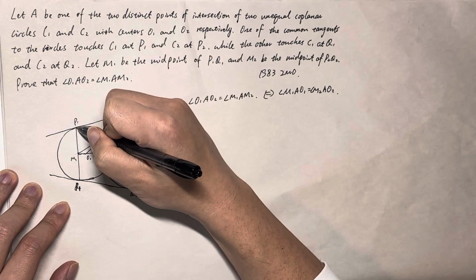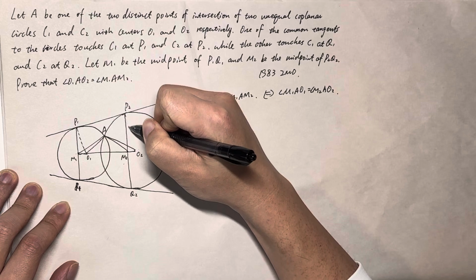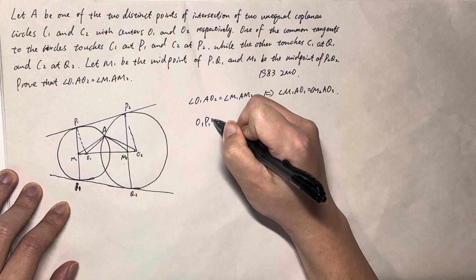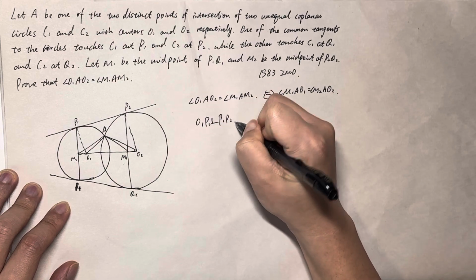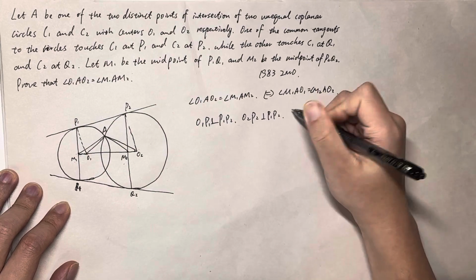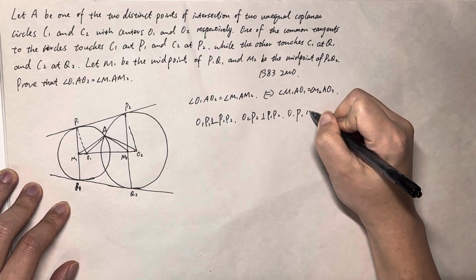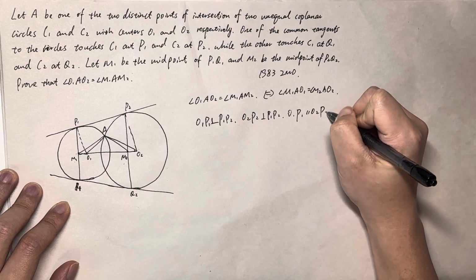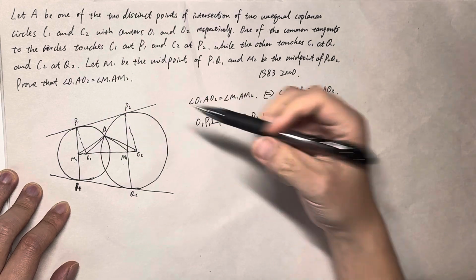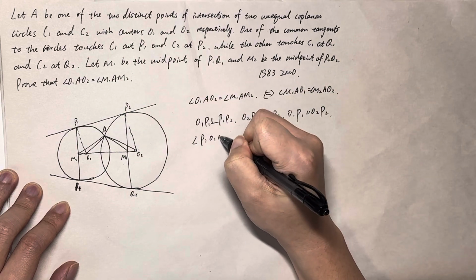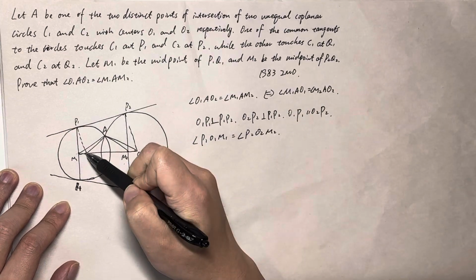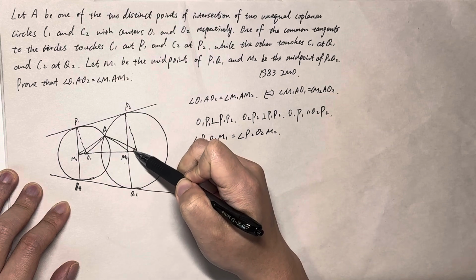So if we connect P1O1 and P2O2, we know that O1P1 is perpendicular to P1P2, and O2P2 is perpendicular to P1P2. So O1P1 is parallel to O2P2, which means angle P1O1M1 equals angle P2O2M2.